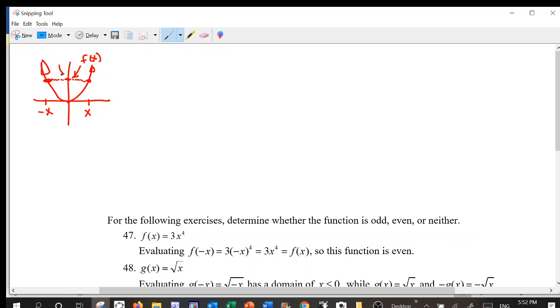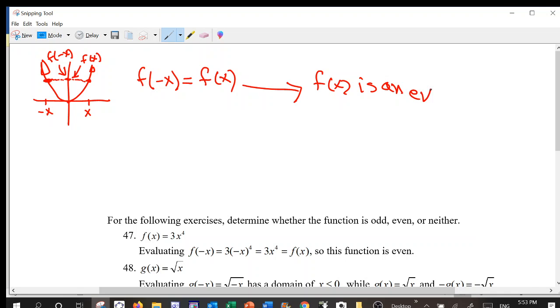The same point is also f of negative x. So that's it, you see. We say that if f of negative x equals f of x, then we say that f of x is an even function.